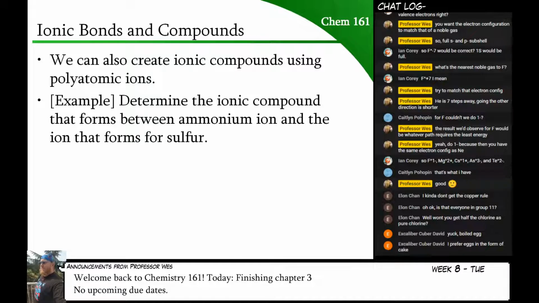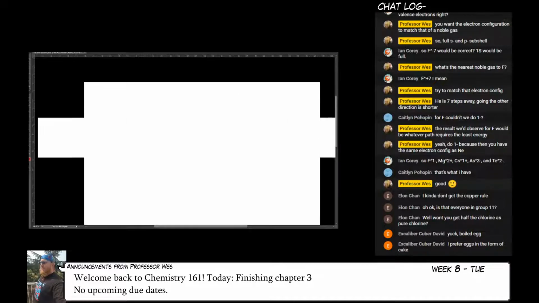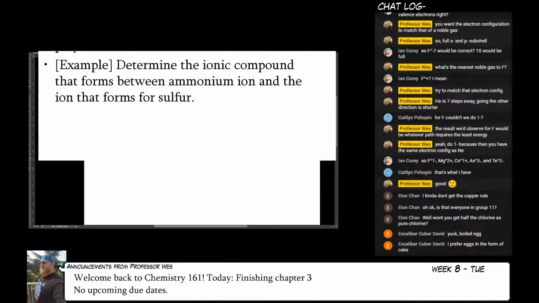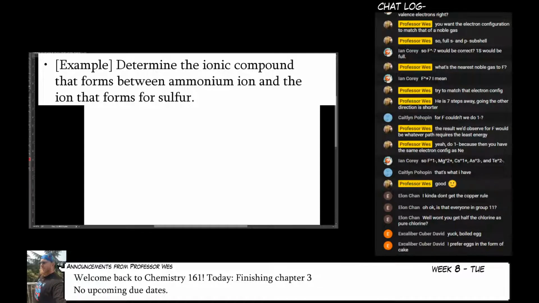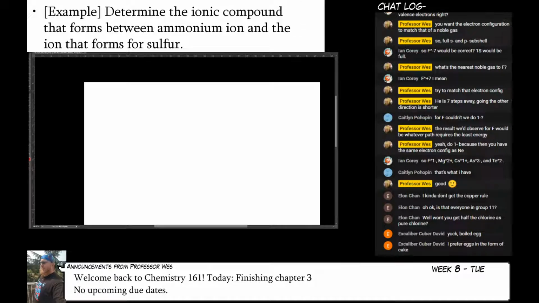So let's determine the ionic compound that forms between sulfur and ammonium. So first thing we have to do is look up ammonium. And if you look it up, it's this. Then we have to figure out what ion sulfur forms.